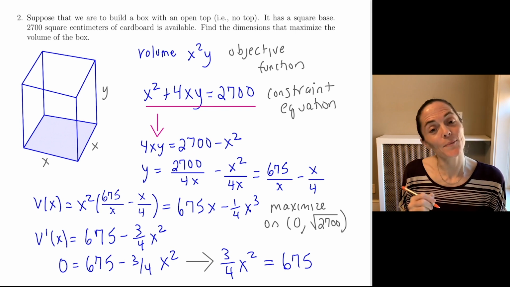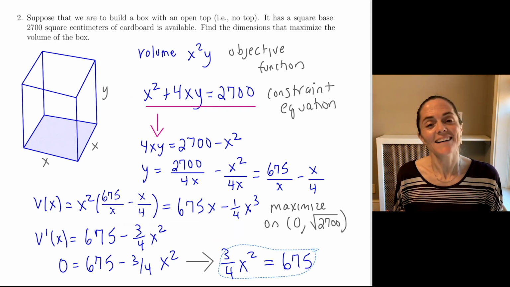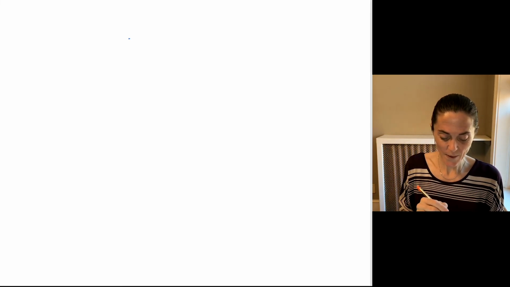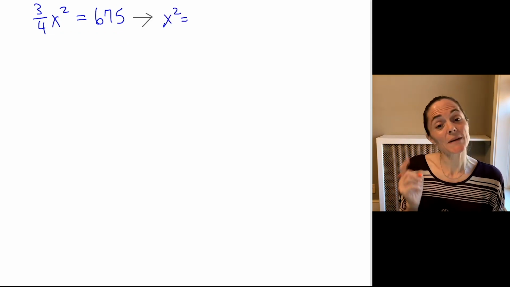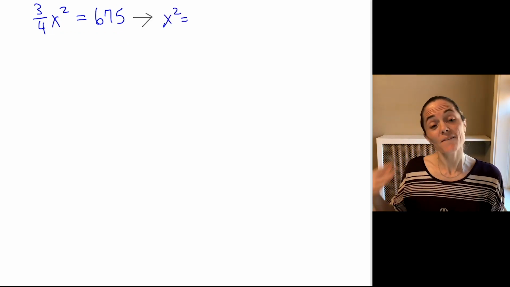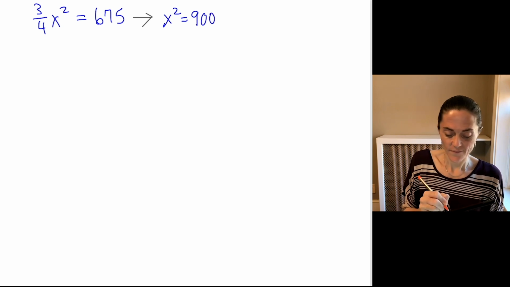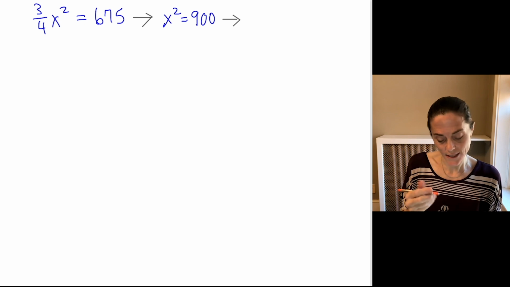Now here's where I'm going to copy and paste, move to the next page. These problems take a little bit more writing than just one screen's worth. So we paste. When we take 675 and multiply by 4 over 3, we get 900. Technically, just solving x squared is 900, we have two solutions.